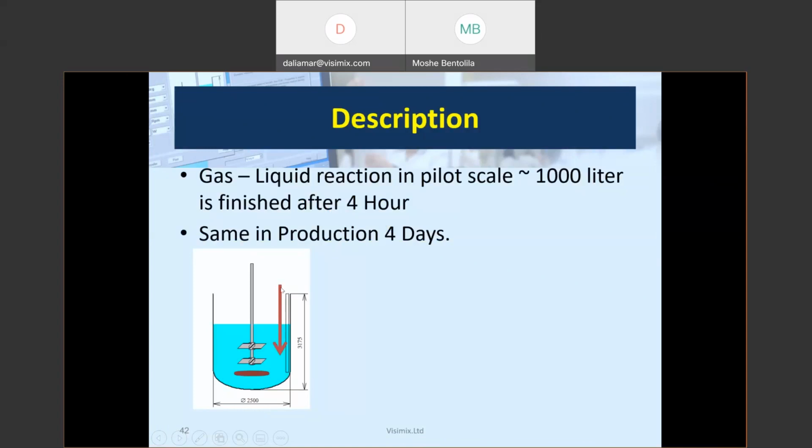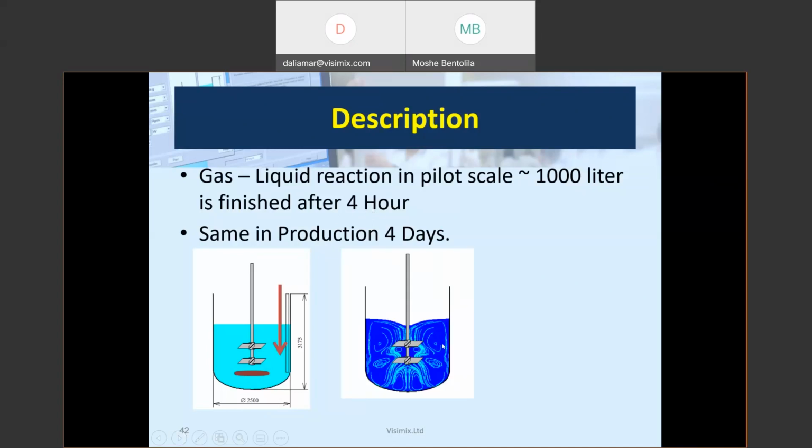In the big equipment, the same geometry but bigger, they fed from a dip pipe, and the process went from 4 hours to 4 days. So it's very simple. Yes, you can understand that when you have these flow patterns and you are feeding from here, all your gas is here. You have enough time to use the gas. But if you feed your material from here, the gas will go out faster. It will not enter the high shear rate zone.